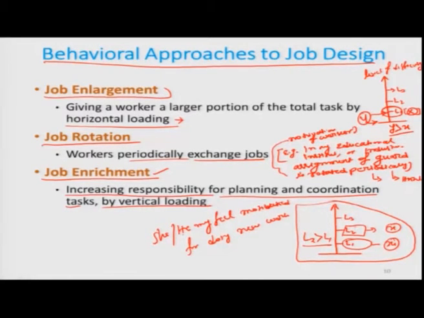So, here you can see that you are not changing, you are not replacing the worker, your worker is same, but you are only tweaking. Here what you are doing, you are assigning him more work. So, here you are rotating his job periodically, and here you are making him more responsible. So, that is the approaches for a successful job design.